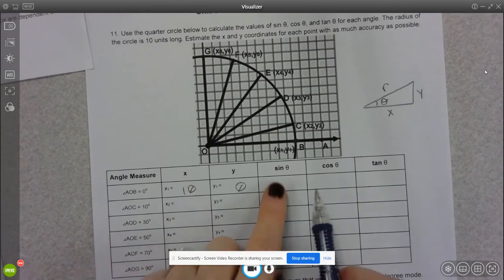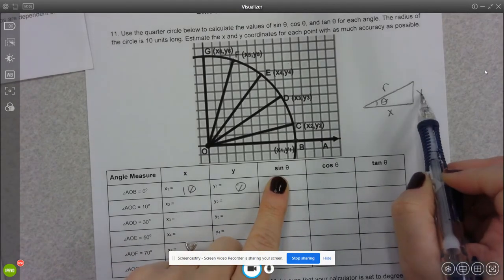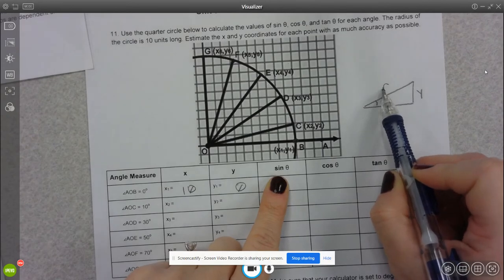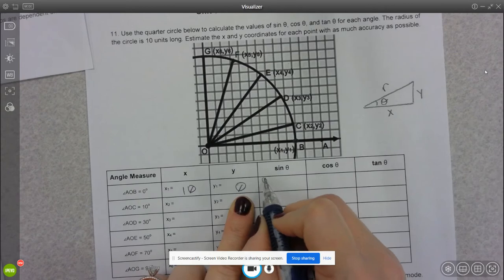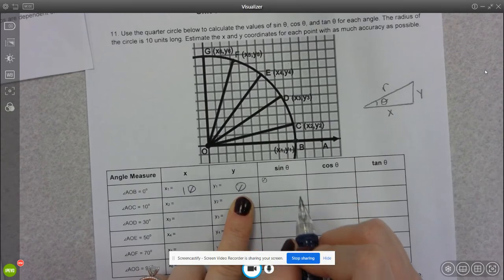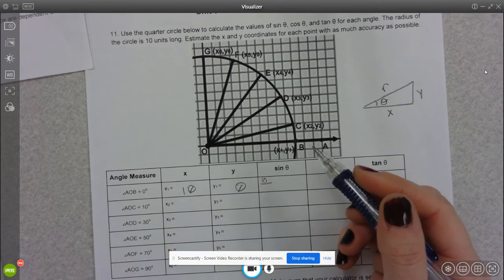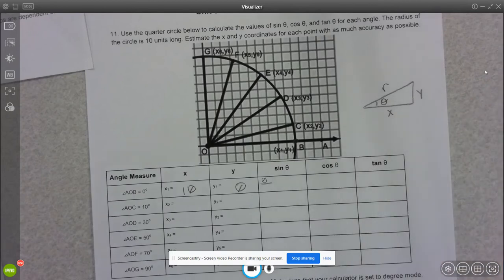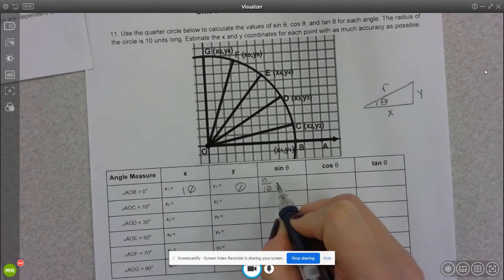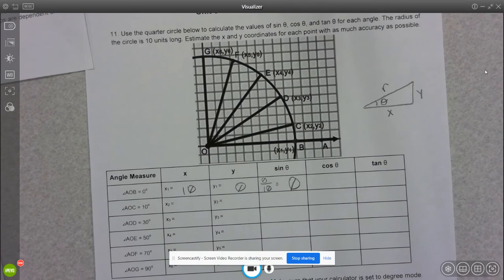So sine is y over r. Y is 0, so 0 divided by, well, if this is 0, there is no y value. R and x are the same thing. So this would be 0 divided by 10. Well, 0 divided by anything is still just plain old 0.